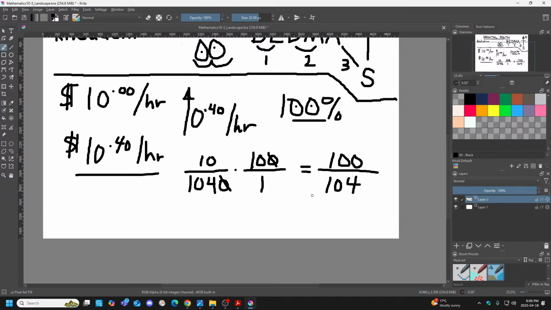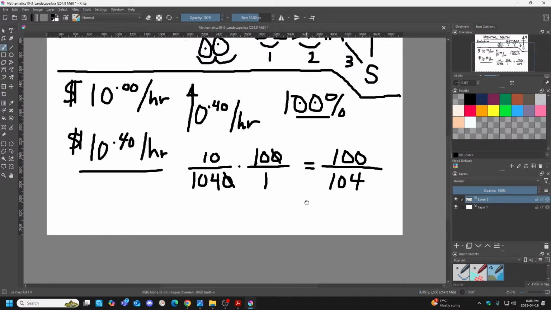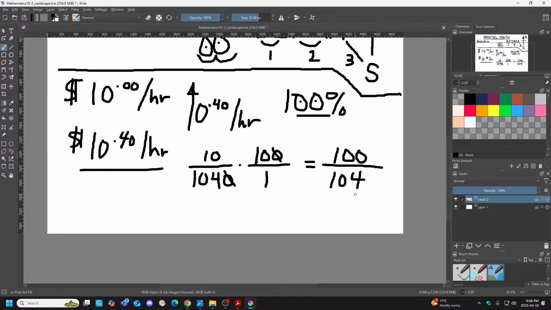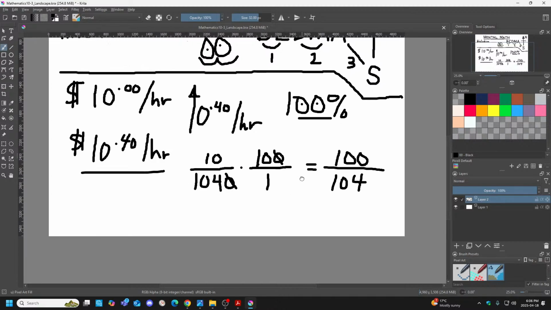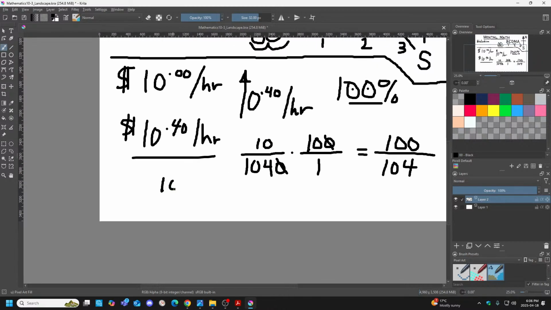I'm just thinking about this. 100 divided by 104. Invert that. Yeah, that would be an invert. So there's the number right there. That's the actual number. It's actually 4%. We're kind of actually getting it. Works out to 4%. But I have to actually invert the fraction.